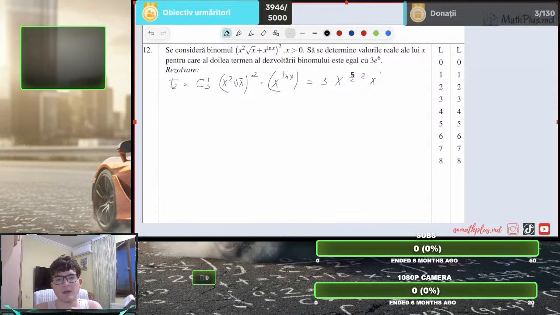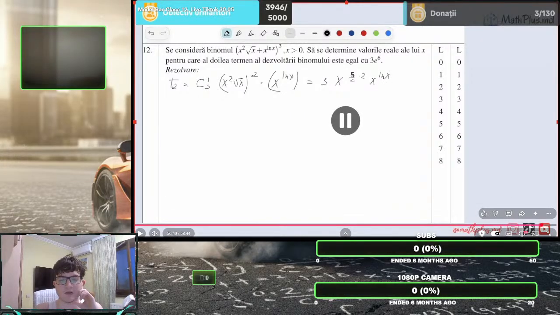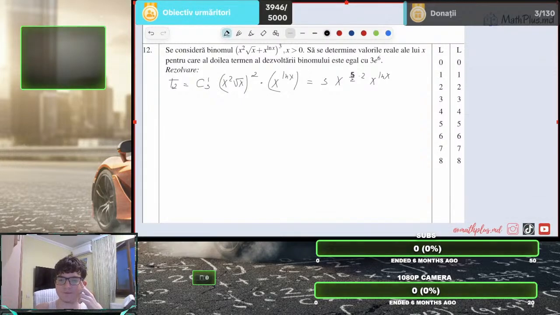Okay, now x to the ln x. Does ln mean just log with base of 10, right? No, it's not that. Log base 10 is lg, but ln is something else. It's minus 2.7 or whatever. So x to the power of ln x, just write it down, right? ln x, bravo.